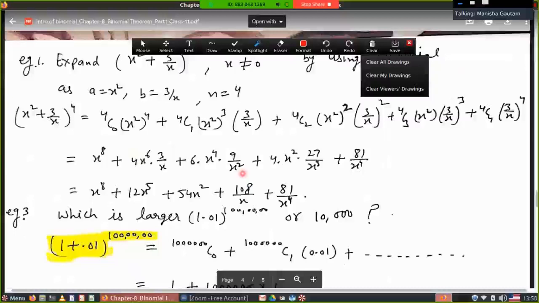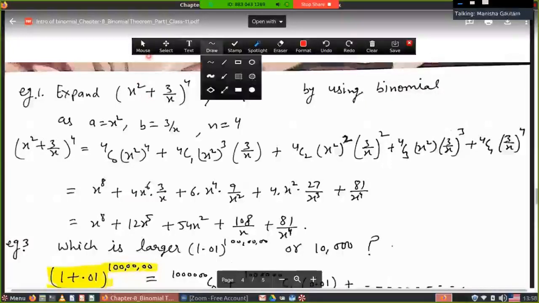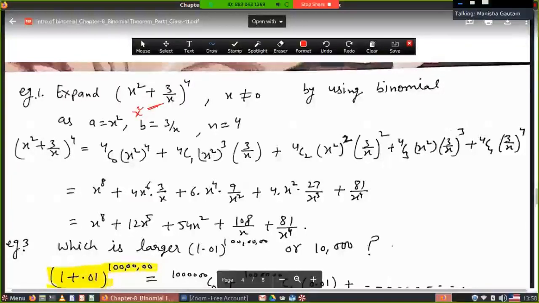Suppose here there is a minus sign. Suppose the statement is x square minus 3 upon x whole power 4. Then what is b?